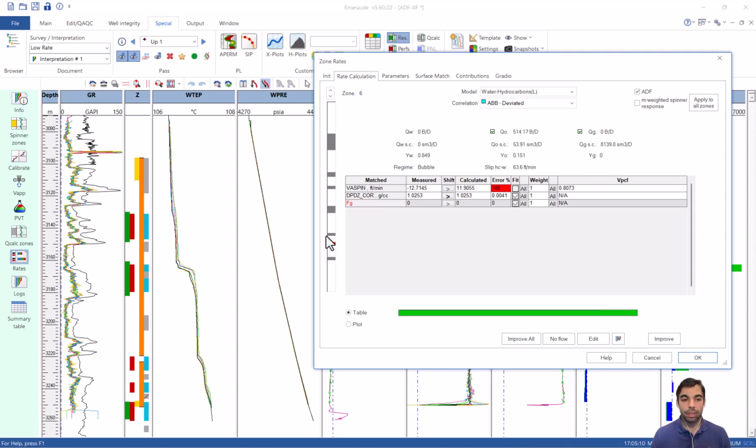We need to repeat this operation for all the zones with ADF. So the following zone, the third, is also showing negative velocity due to water recirculation. We click here ADF, and now we are ready to compute the profile.